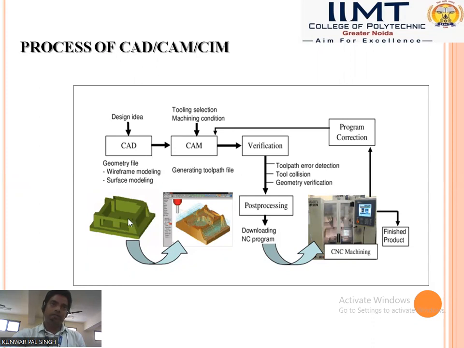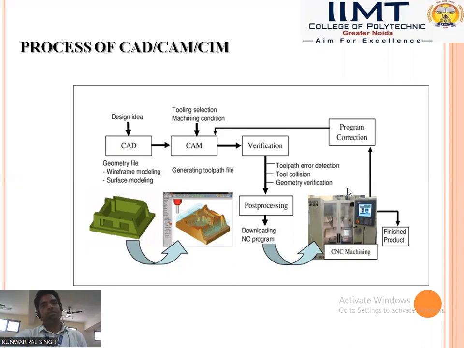This design goes to the CAM software. The tool moves around this wireframe that is shown in this figure in blue color. So generating the tool path file means how the tool moves on the trajectory of the workpiece. This is done in the CAM.